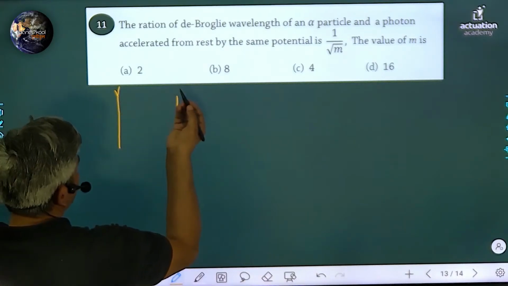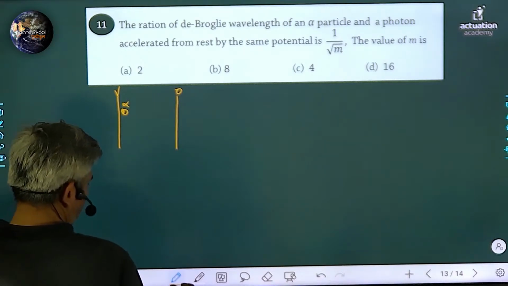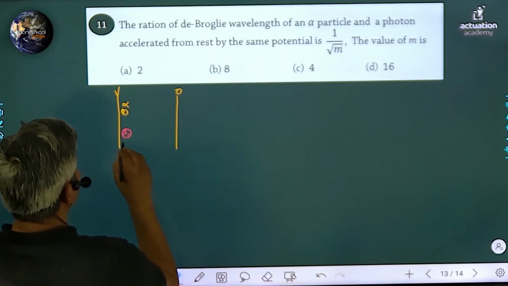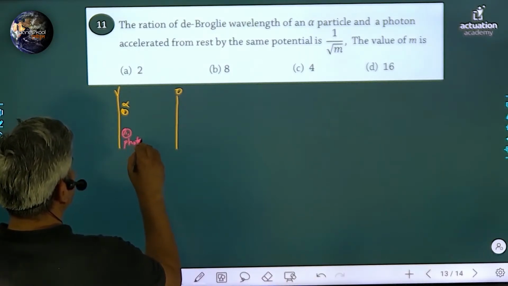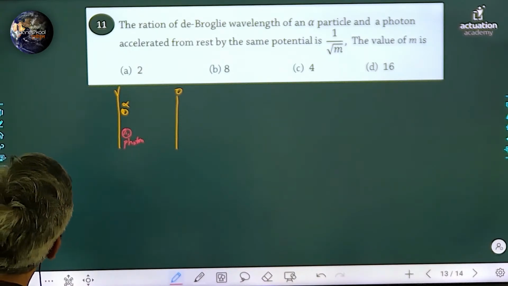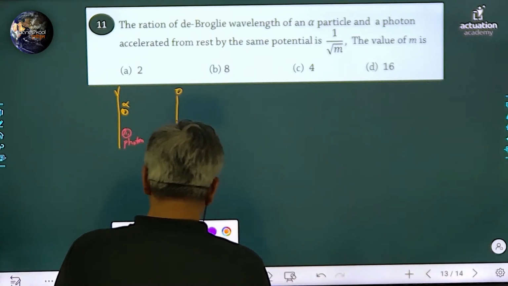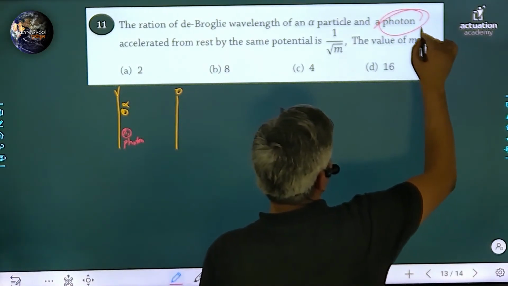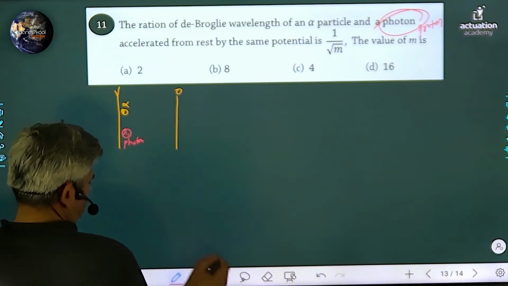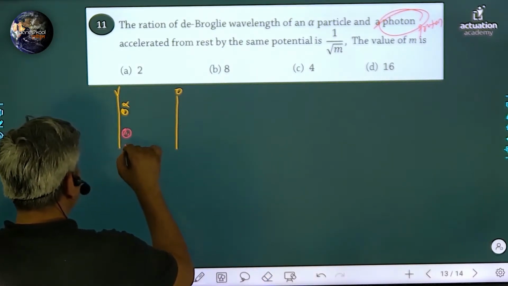Let's say this plate potential is V and this is 0, and we have one alpha particle and the other is a photon, I think it must be proton, because photon we cannot accelerate, it must be proton.